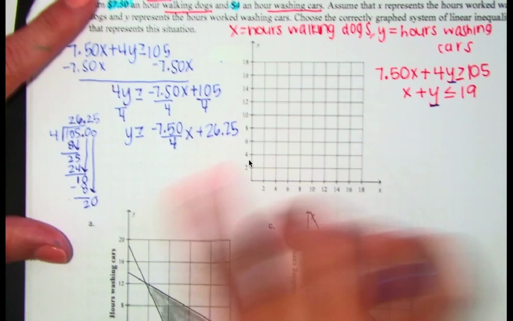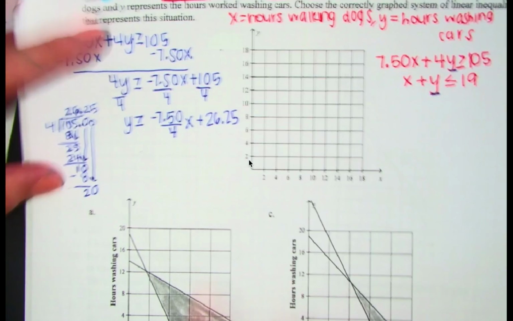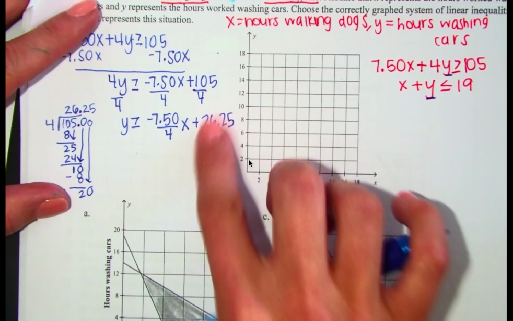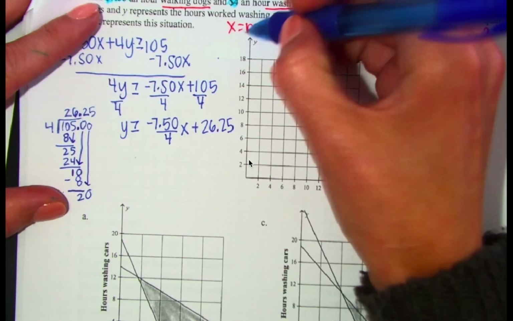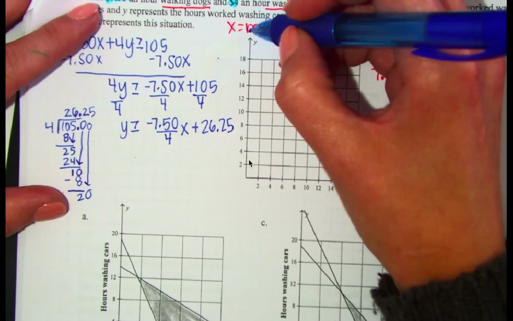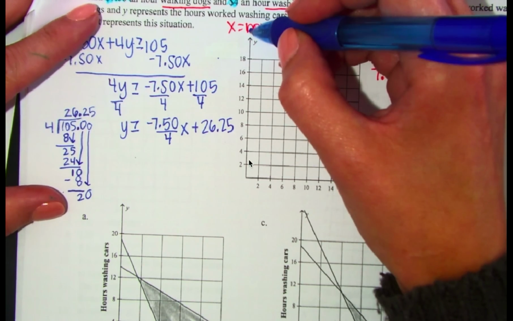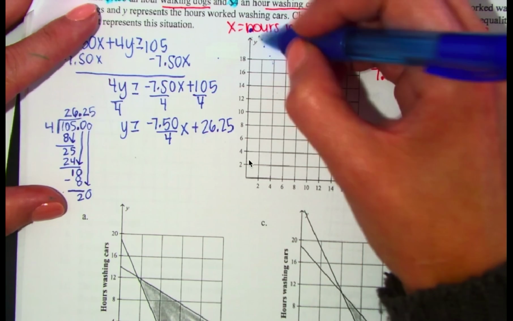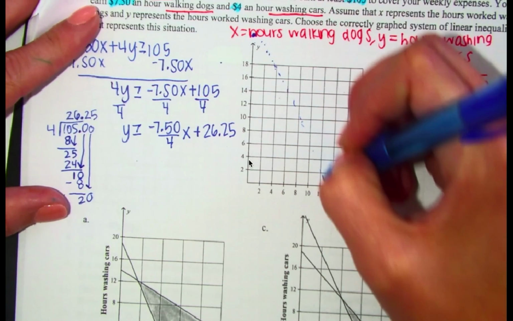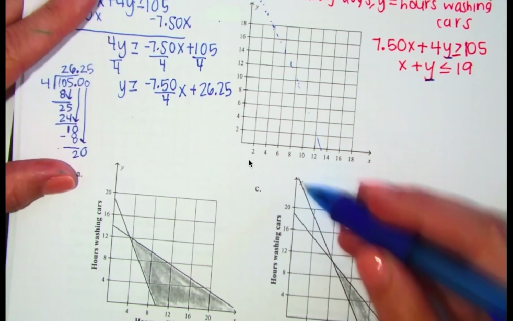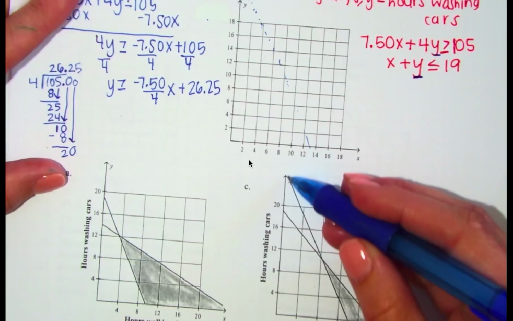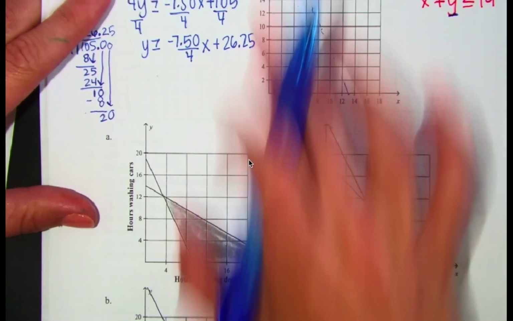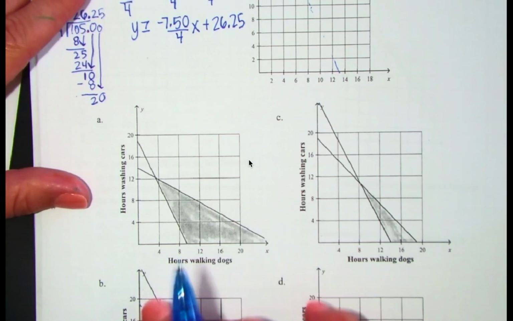So if I look at these graphs so far, I know one of these equations has to start at 26.25. So it's going to start up here at 26.25 and then have a slope of about down 7.5 over 4. So if I do that, it's going to be a line that's coming down something like this. So I'm going to go ahead and know that it's going to be either C or B, because it's going to start as a y-intercept at about 26.25.